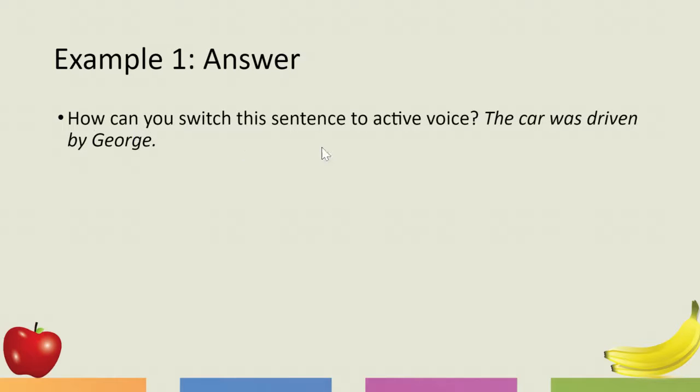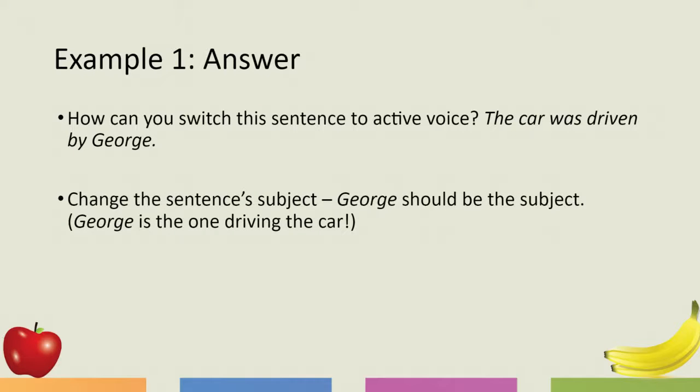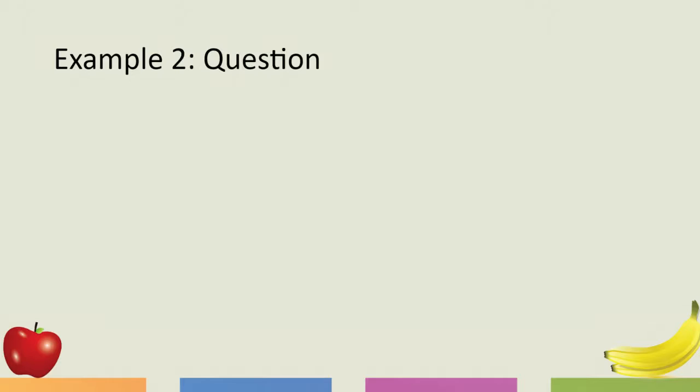So how can I switch it to an active voice? The car was driven by George. Well, then we change it to George is the one driving the car. So George is now our subject. So we've got to make the sentence about George for it to be an active voice, where your subject is performing the action. George drove the car.